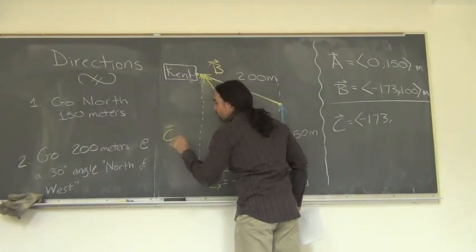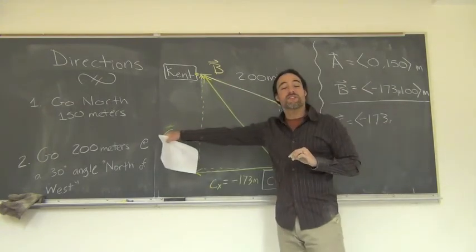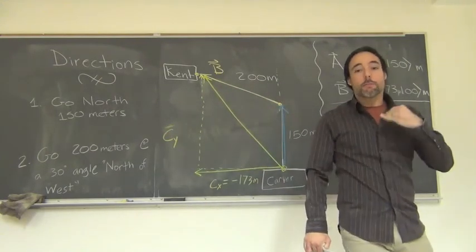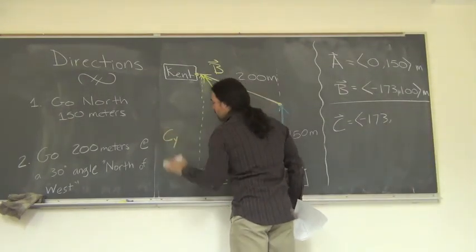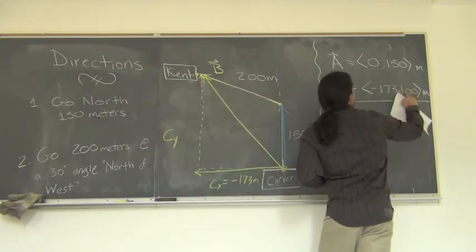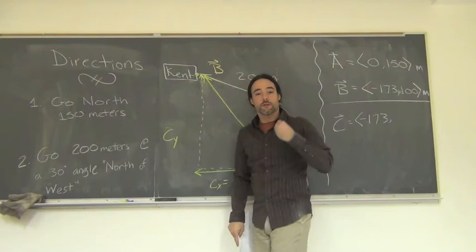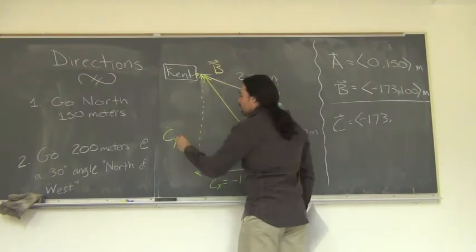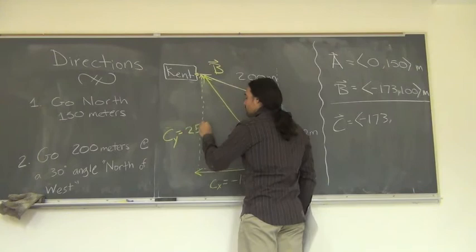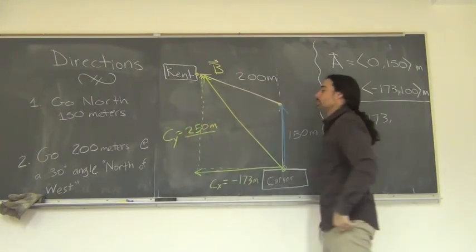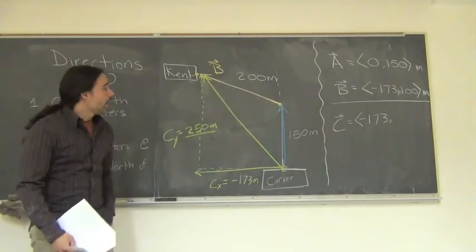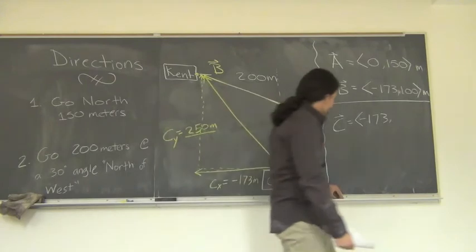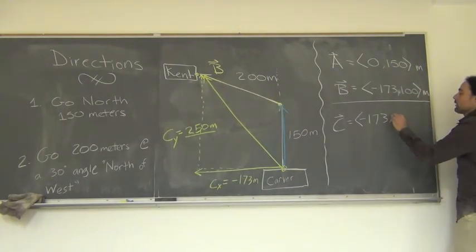So if I look at the y component, by the way, when I look at components, I get rid of the vector hat because a component is a part of a vector, it's not a vector itself. So I'm going to get rid of my hat here to look at the component, which is just the sum of the y components for vectors A and B. This would be 250 meters for vector C. So I look here and I say vector C has a y component of 250 meters.